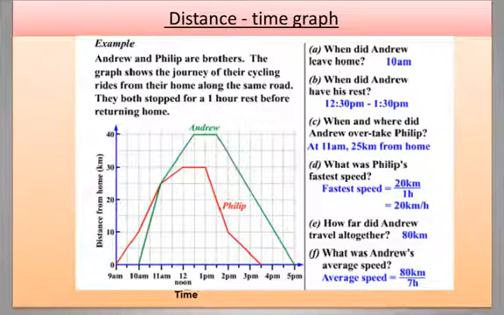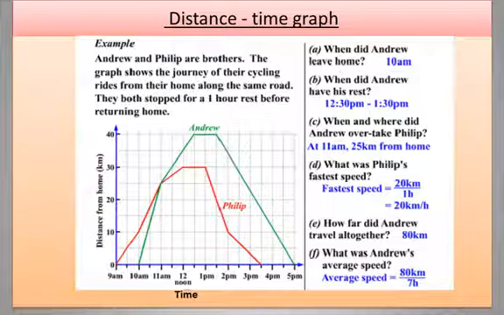When and where did Andrew overtake Philip? From which place and at which time did he overtake Philip? You can see that at 11 o'clock they meet together. That means they were at the same distance.